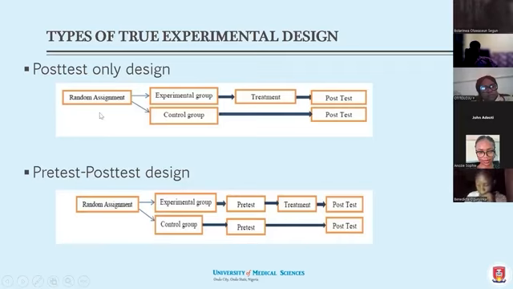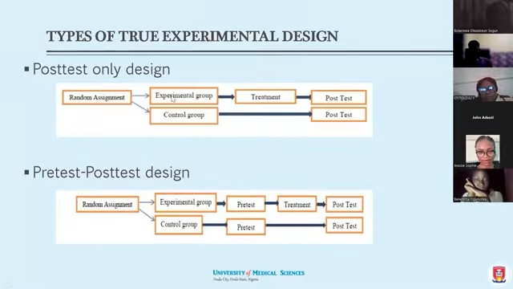You must ensure that your participants or subjects are randomly assigned to either the experimental group, as you see on the screen, or the control group. But in this type of true experimental design, you only give treatment to the experimental group.